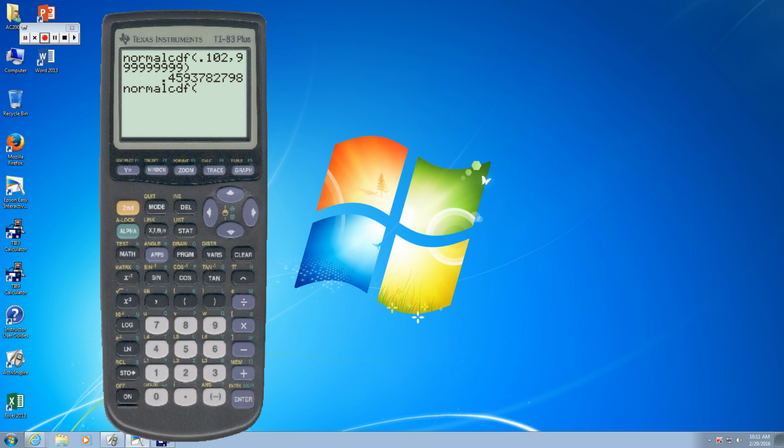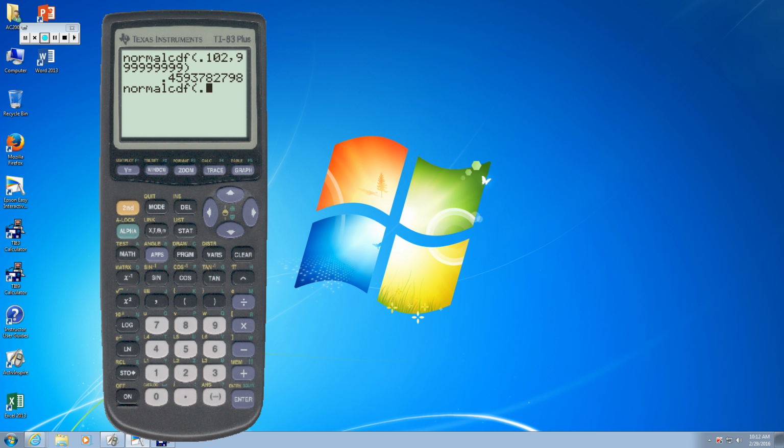Point what? They type in point 102 at lower. And then comma, or go to the upper. And then what's your upper? No, the upper is here. And this is represented by what? What is this right here represented by? Infinity. And how do you type in infinity? 99999.